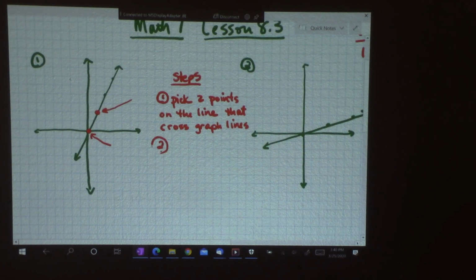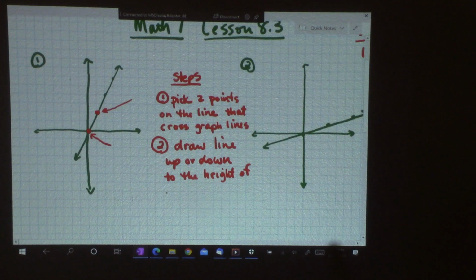Okay, the second thing I'm going to do is draw a line up or down to the height of the second point.